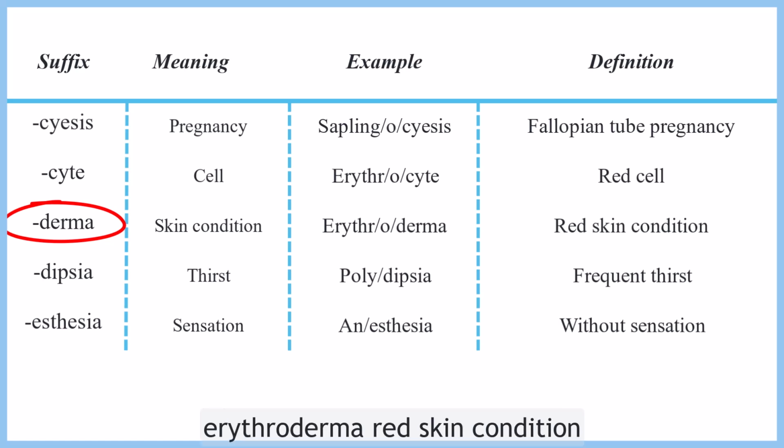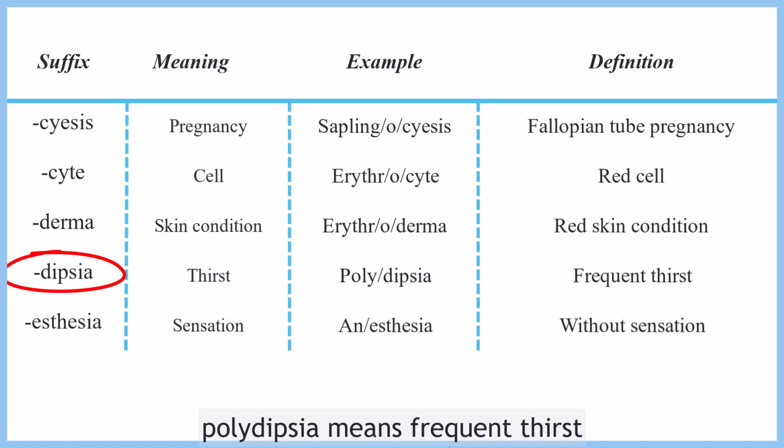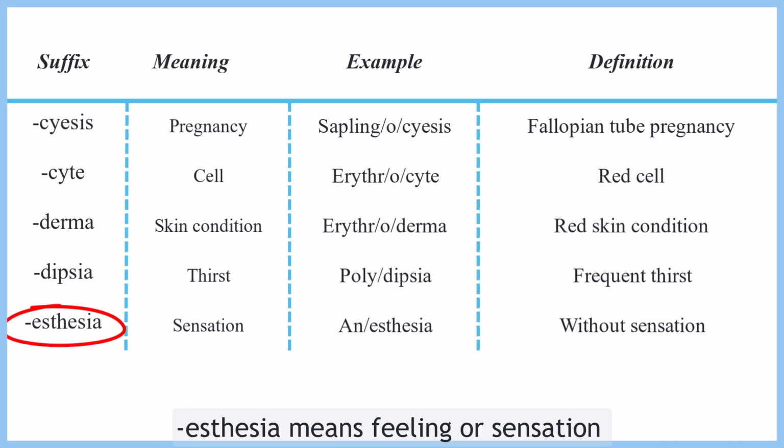Erythroderma, red skin condition. Dipsia refers to thirst. Polydipsia means frequent thirst. Aesthesia means feeling or sensation. Anesthesia means without sensation.